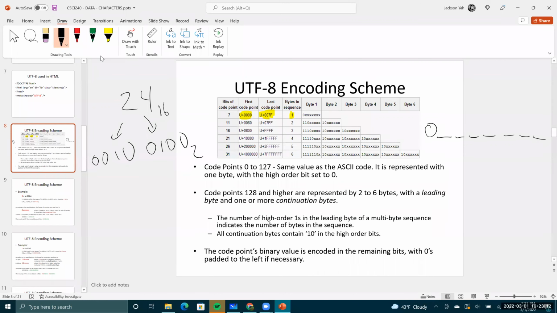This is the binary. And what you do here is you start with the least significant bit, 0, and you put it over here. So you start from the right, and I'll write in 0100100. And that's my answer. And that's how you encoded the $ into UTF-8. Okay?